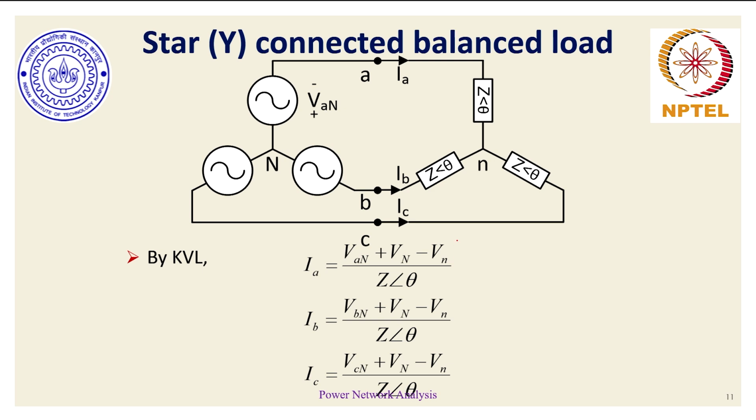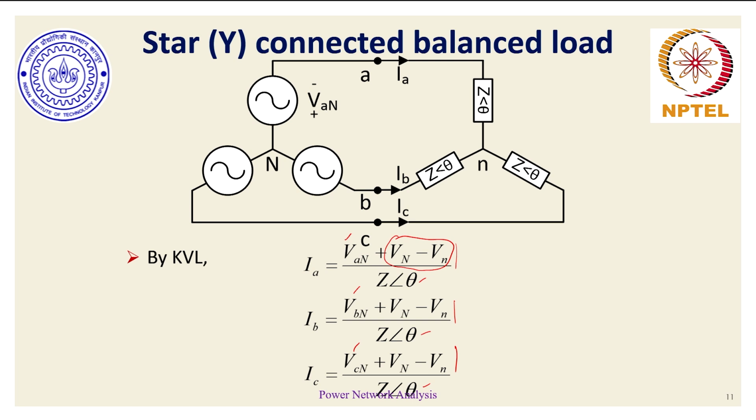And if I know these currents, the only unknown is this term, because VAN, VBN, VCN, the balanced phase voltages, are known. So if I know what is V capital N minus V small n, then only can I find IA, IB and IC.